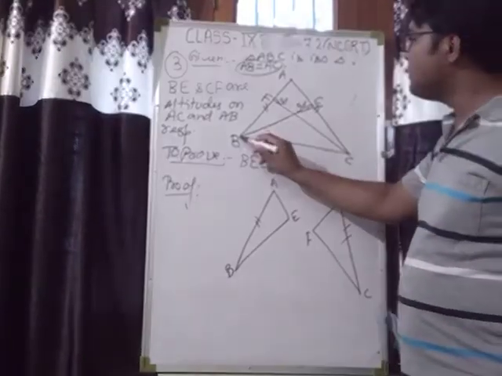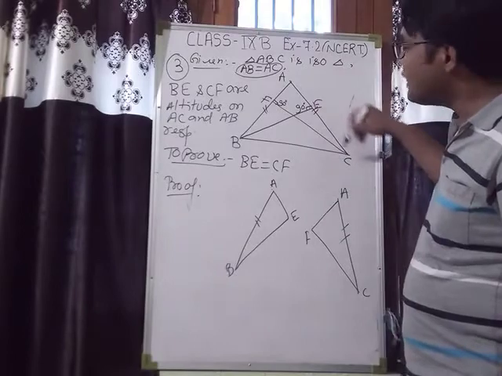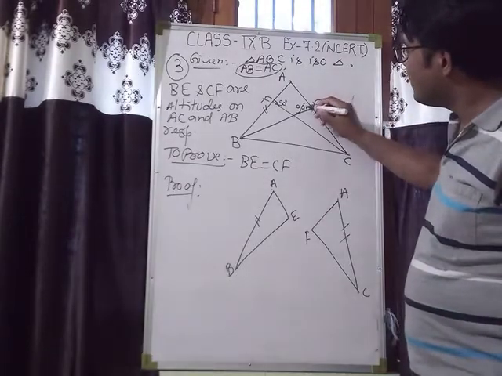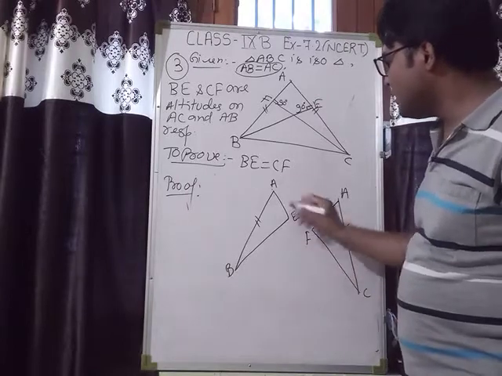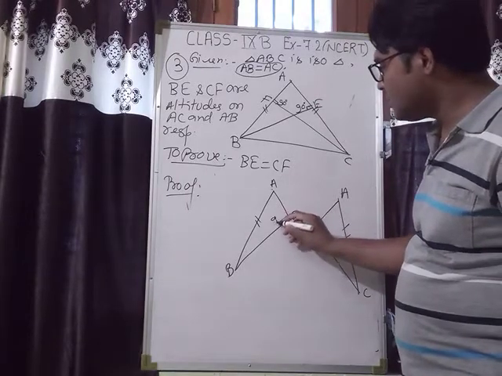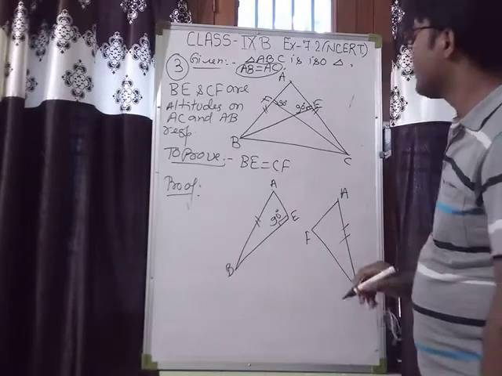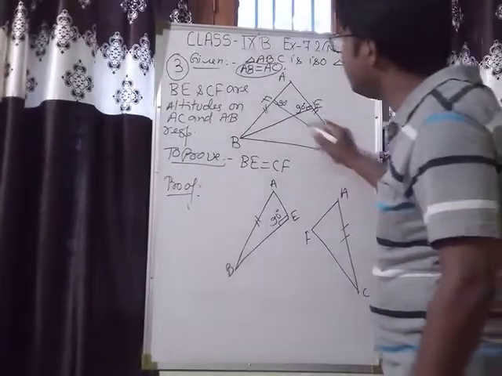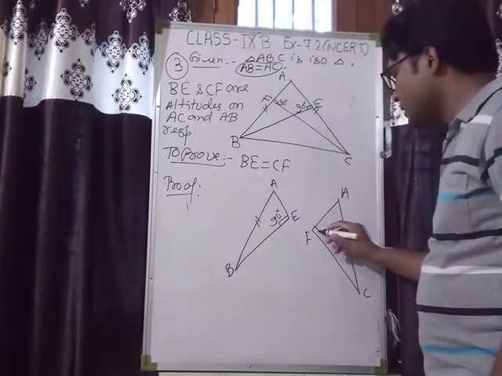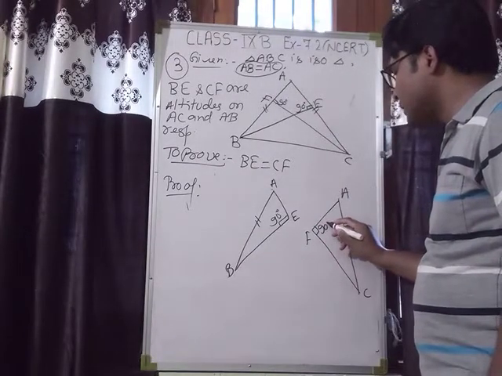Because BE is an altitude on AC, clearly angle BEA is 90 degrees. And CF is an altitude on AB, so CFA is also 90 degrees.